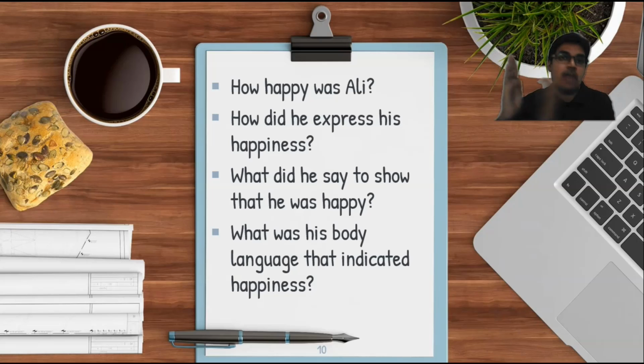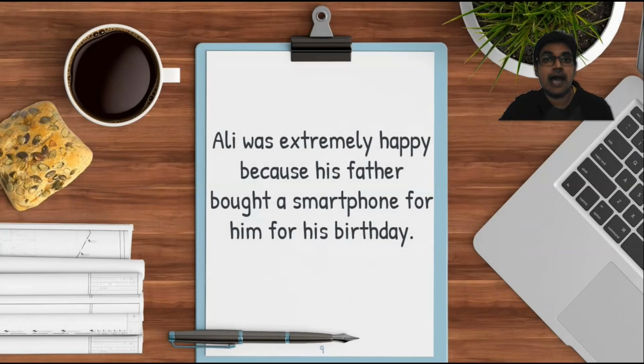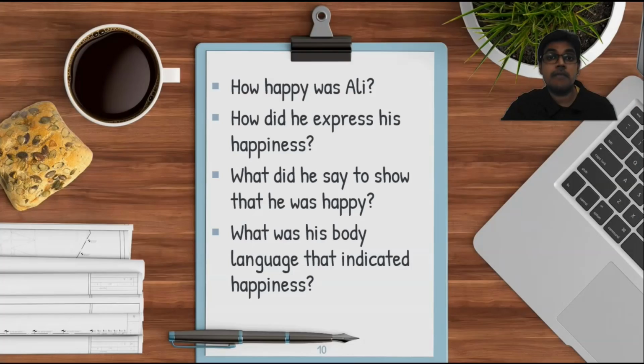If you are just happy, you can be at the lowest level of happiness. Ali was happy. So how happy was Ali? Think about it. In the sentence here, I said extremely happy, meaning the level of happiness must be very high. So think of a way of how you are going to develop the idea on Ali's happiness here.